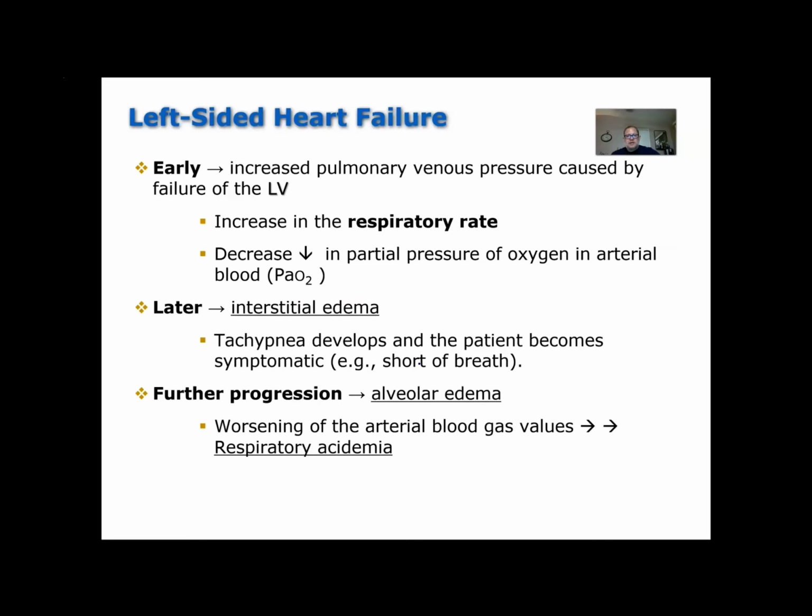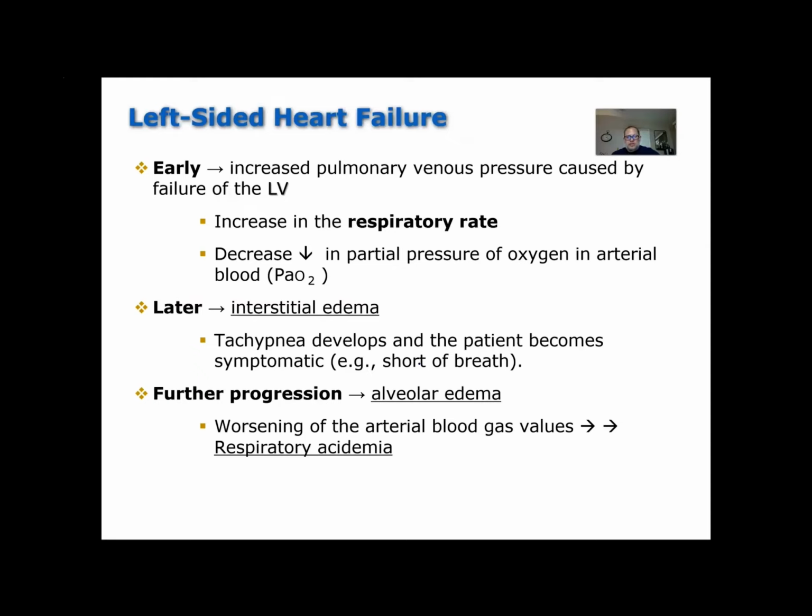Early signs of left-sided heart failure are increased pulmonary venous pressure, so you're going to start having an increased respiratory rate. You're going to have decreased partial pressure of oxygen, PaO2, and as it progresses, you're going to have interstitial edema. Tachypnea develops as the patient becomes more symptomatic and short of breath.